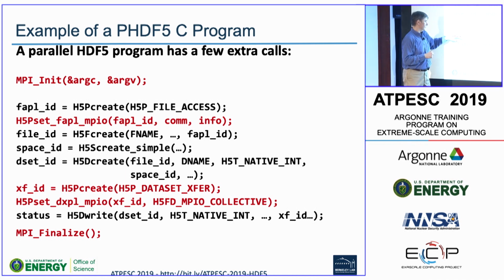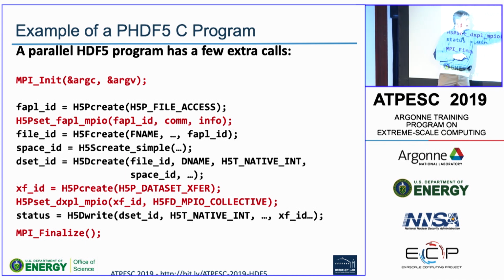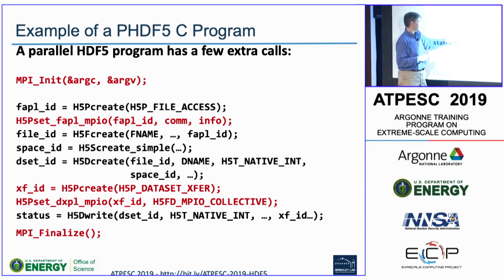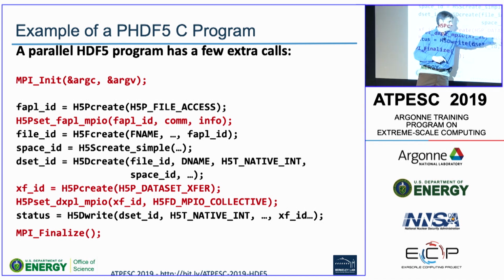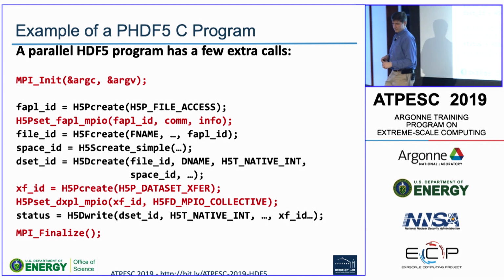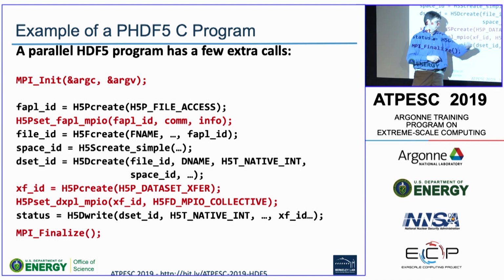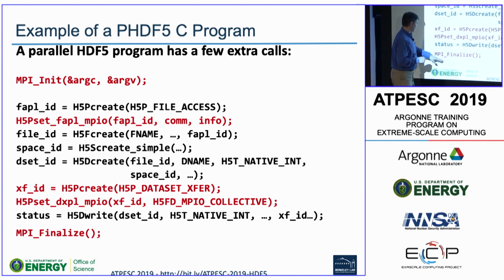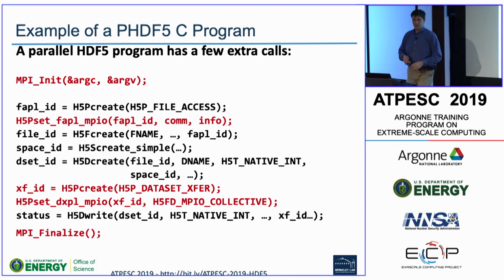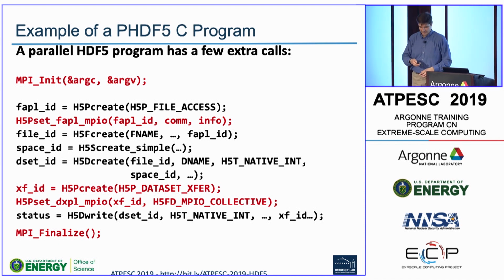But that's what we're saying here, is we're creating a dataset transfer property list, and we're saying, hey, when I use this dataset transfer property list, do collective I/O with MPI. And then we go ahead and use that dataset transfer property list for our dataset write. And then eventually, you shut things down, close the dataset, close the file, and MPI finalize.